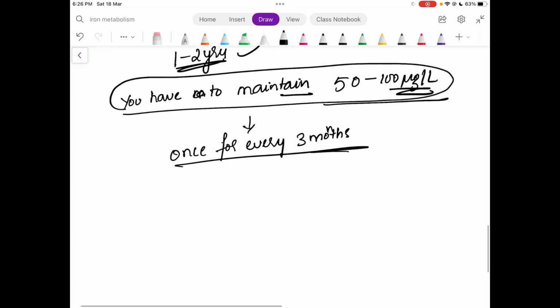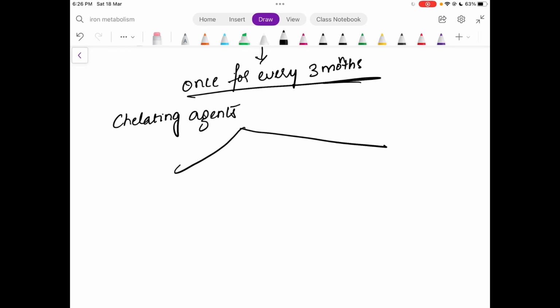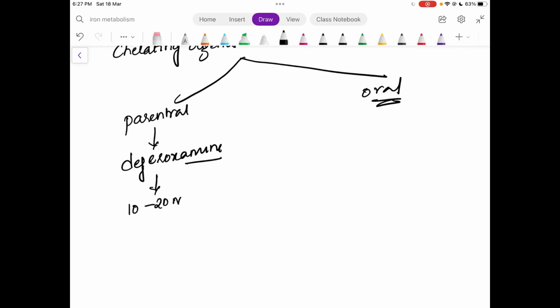This is about phlebotomy. You can also treat hemochromatosis with chelating agents. These chelating agents can be given parenterally and orally. The parenteral drug is called deferoxamine, and this will remove 10 to 20 milligrams of iron per day.